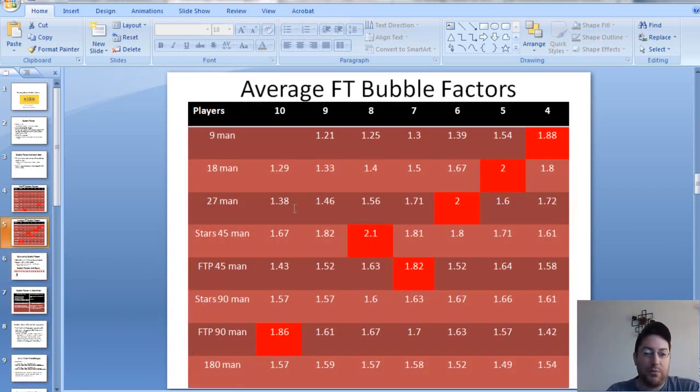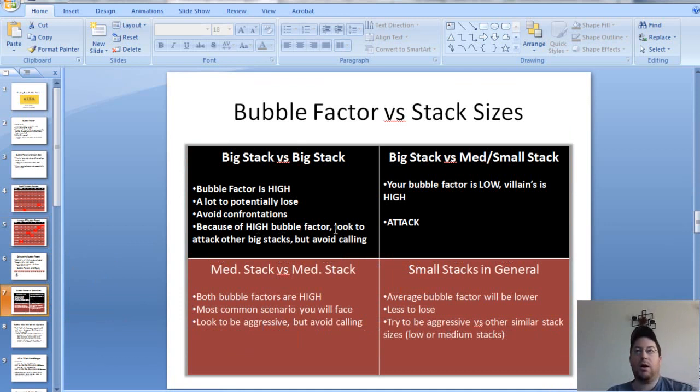So, for example, if we're on a bubble of a 45-man where it's 2.1 on average, let's say we have two really big stacks, number one and number two at the table. Stack number one shoves into stack number two. His bubble factor is going to be way higher than 2.1.